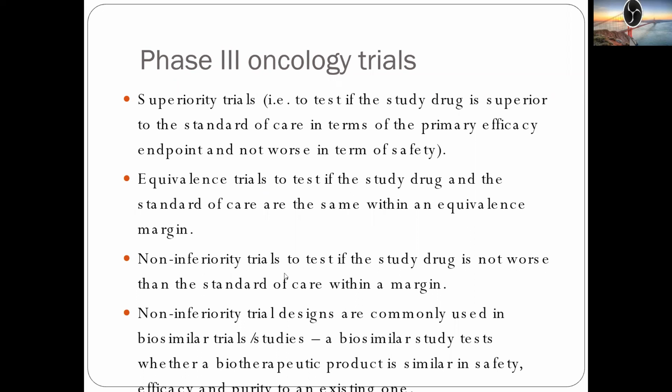Non-inferiority trials are those where the newer treatment or regimen is not inferior to the existing treatment with respect to some efficacy point, but the drug is considered to be safer, so we go for non-inferiority clinical trials.